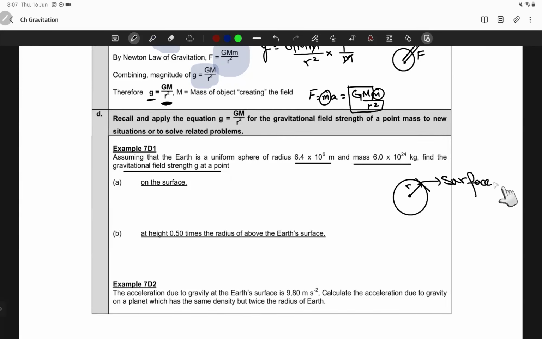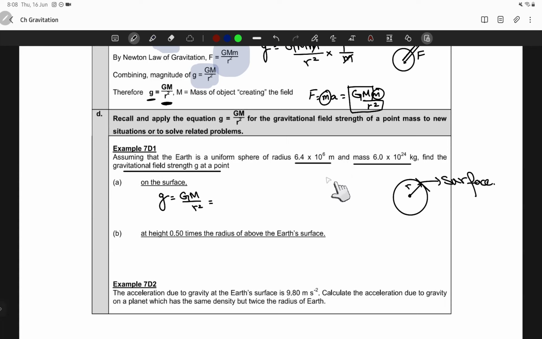So it's very simple. If you look at this expression, it's simply g equals GM by R squared. All you have to do is plug in the values. Now we have ignored the negative sign over here. It's not really ignoring the negative sign. It's always nice to let the examiner know what sort of coordinate system you're choosing.